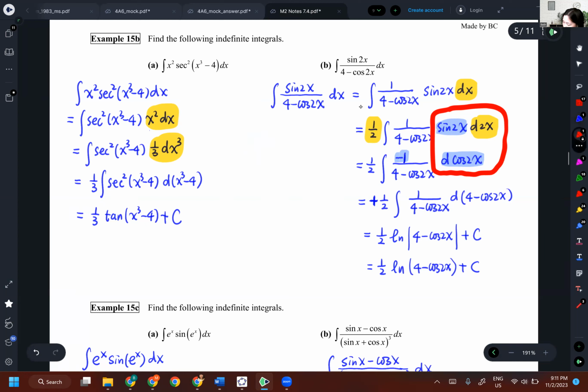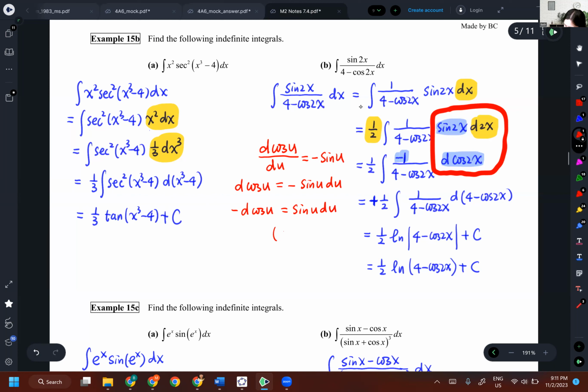Now it's d cosine u over du equal to negative sine u. Correct? Therefore, d cosine u equals negative sine u du. That means negative d cosine u equals sine u du.